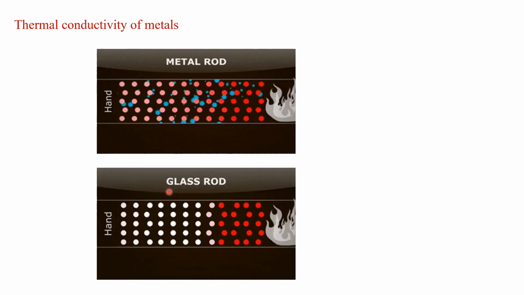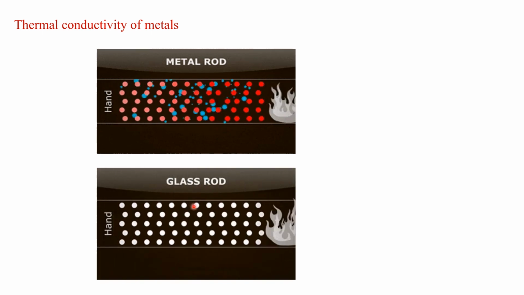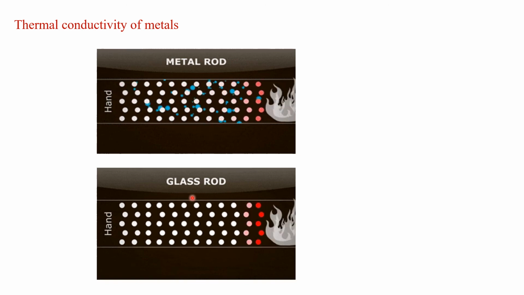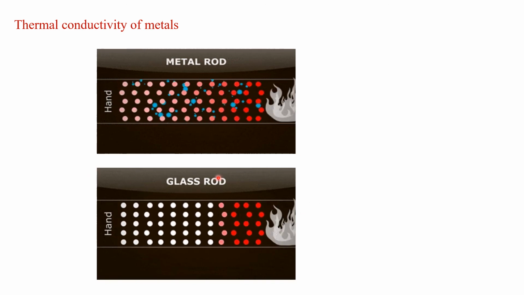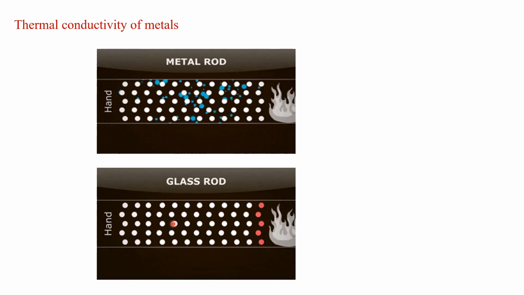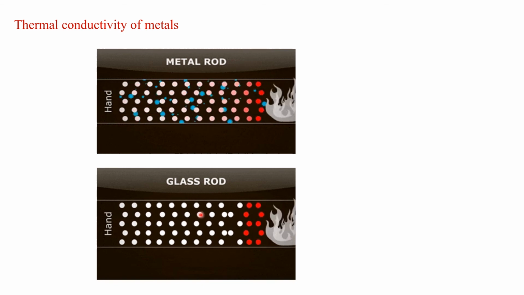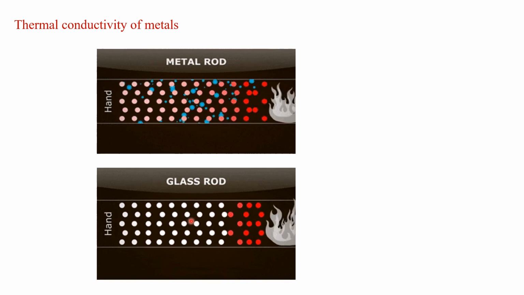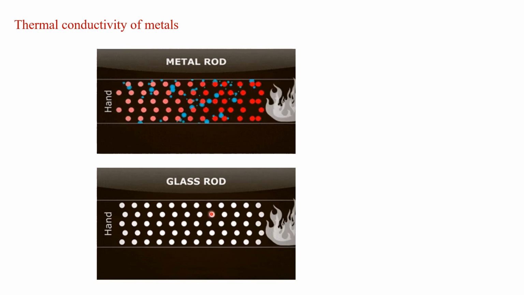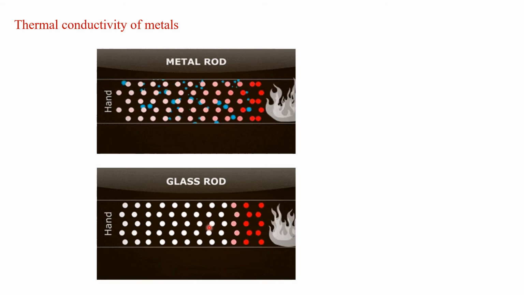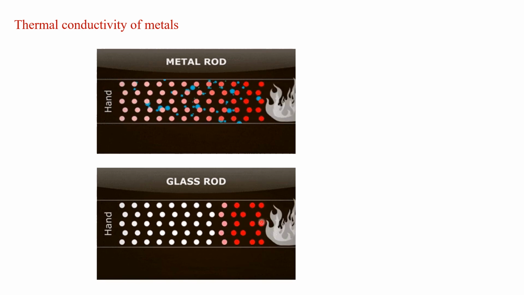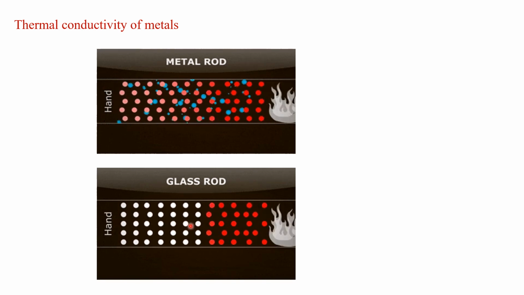Now the next is the glass rod. A glass rod is a poor conductor. It is not a metal, so only atoms or molecules, tiny particles, are present, but free electrons are not available in the glass rod, and that's why its process is quite slow.